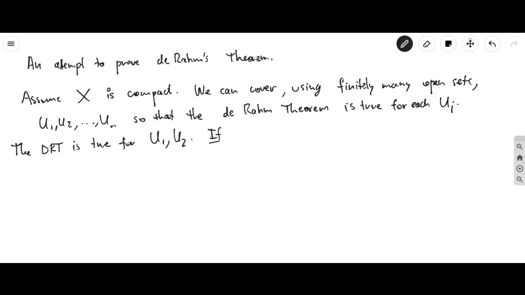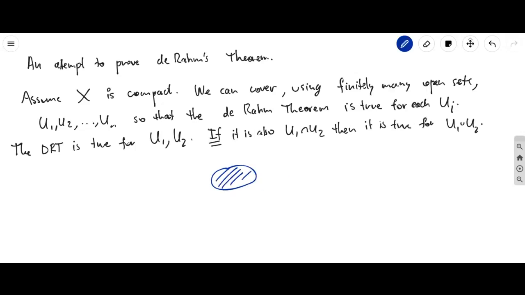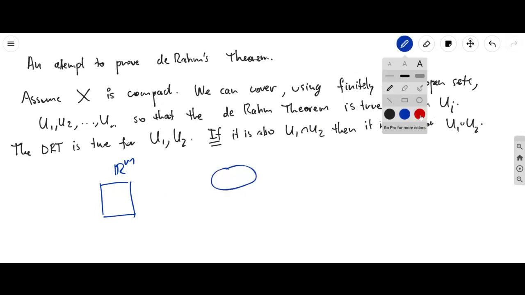So if, and now this is a big if, we do not necessarily know that, but if it is also true for the intersection, then it is true for the union. Now, what would be the problem with the intersection? Well, the problem with the intersection would be you have one open set, okay? So it is homeomorphic to R^m. And you have another open set.